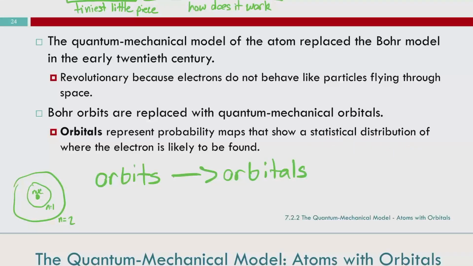It's not always going to be in that spot, but most of the time it's going to be in that spot. This is sort of like if you have a really good friend, and somebody asked you, hey, where is your really good friend right now? Depending on the level of detail with which you know their schedule, you might be able to say, well, I know that it's a Tuesday in the morning and they've got a class, so they're probably in this room of this building on this campus.